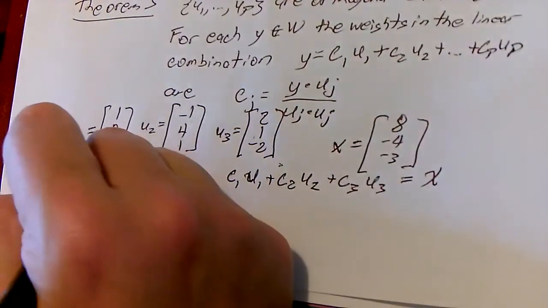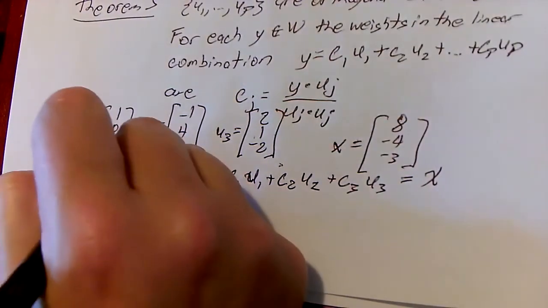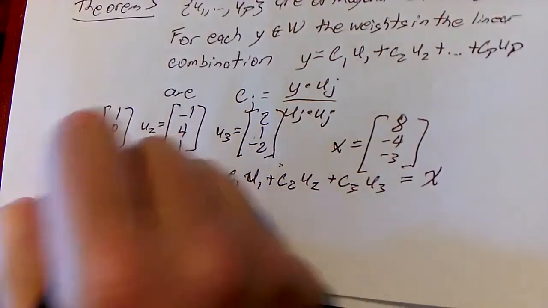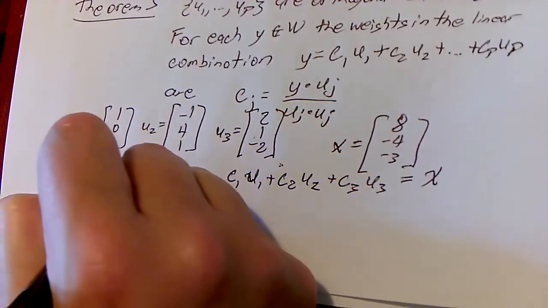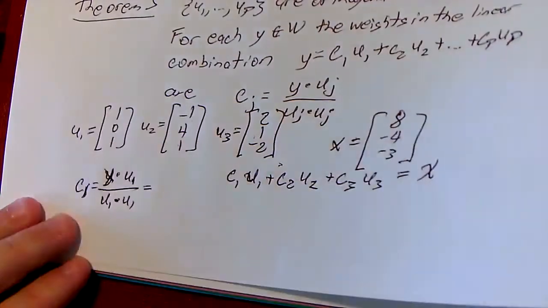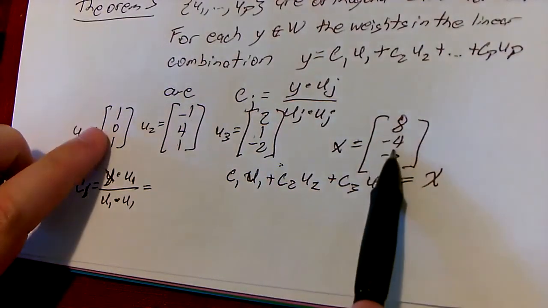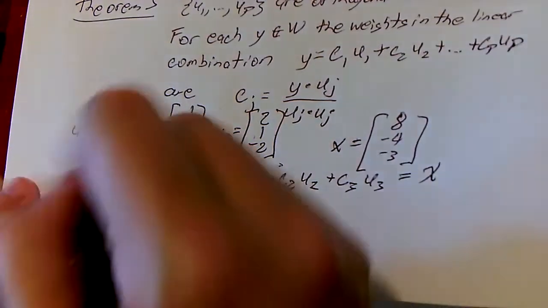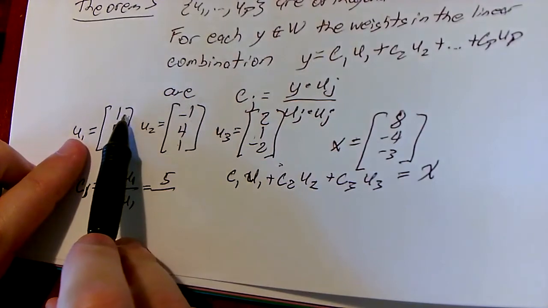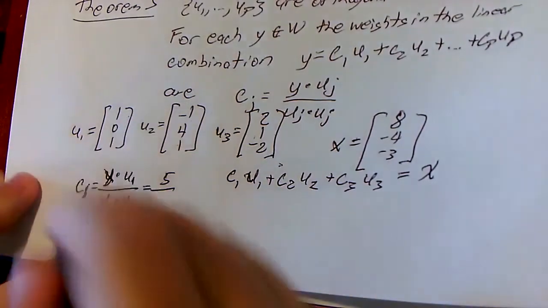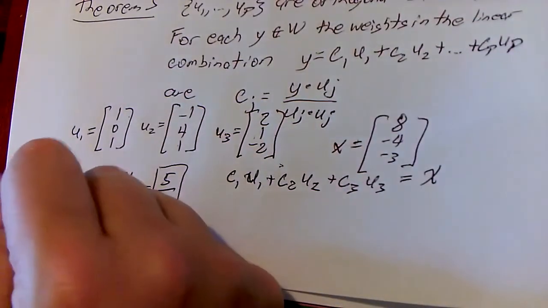So Cj is equal to y dot uj, which in this case is x dot uj, so C1 is x dot U1 with U1 dot U1 on the bottom. On top, U1 dot x is 8, 0, and negative 3. That makes 5. On the bottom, I've got U1 dot U1, that's 1, 0, and 1. So that's 2. So C1 is 5 halves.